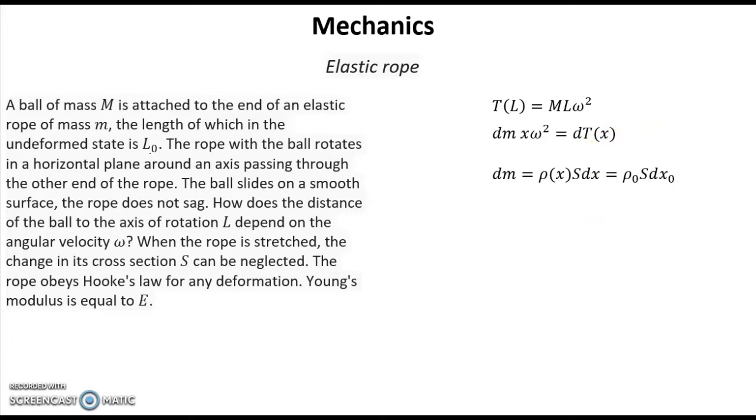We have these equations: dm equals rho of x, which is the density of this rope in the stretched situation, multiplied by cross section S and multiplied by stretched length dx, and that's equal to the same mass dm in the unstretched position, with density rho 0 multiplied by the same cross section and multiplied by unstretched length dx0.